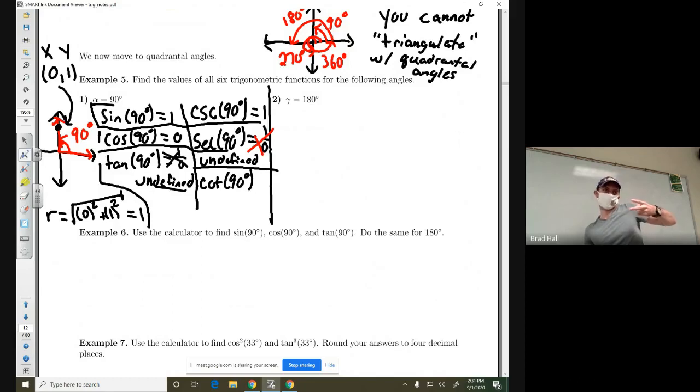If tangent's undefined, then what's the reciprocal of undefined? It means you can't really use that reciprocal thing because there's nothing to reciprocate. There's no fraction. You might think, well, let me use 1 over 0. Well, I mean, yeah, you're right. From the formulaic sense, this is x divided by y.